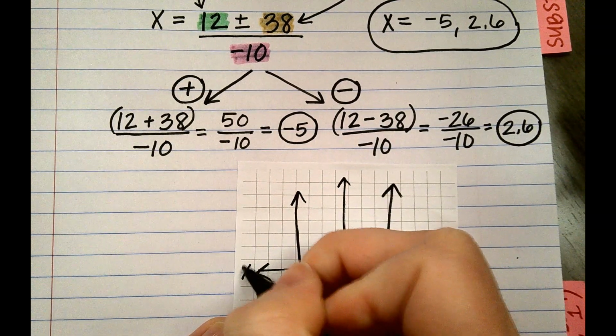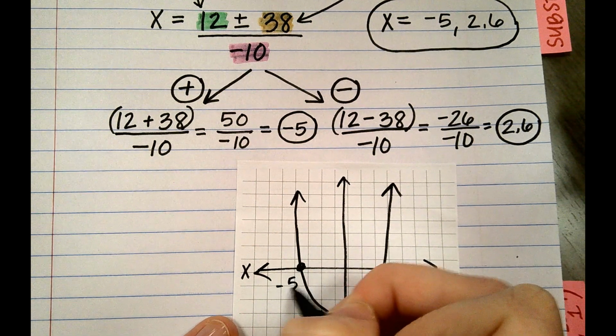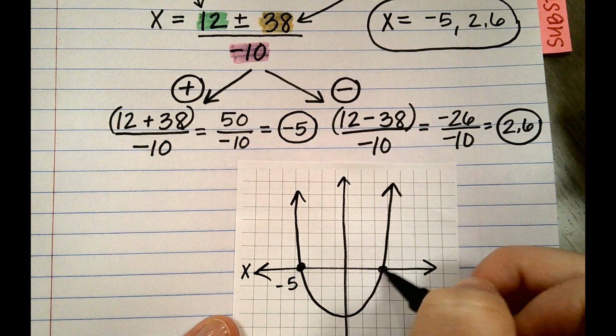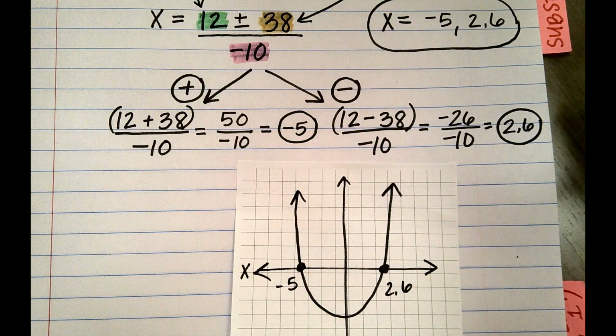This is the x-axis. So one x value is right here at about -5. Another one is about here at 2.6. That's what the graph would look like. So that's why we have two x values. Kind of cool. When you said graphing, I was like, all right, now it's making sense. Yes.